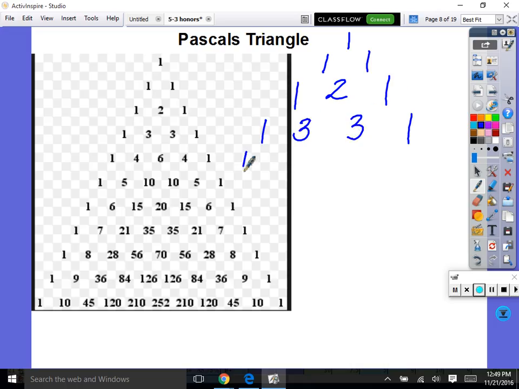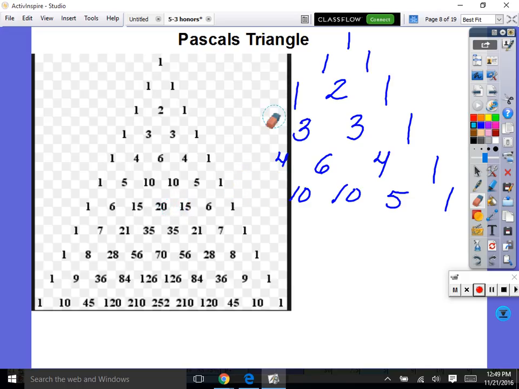Now we put 1s on the diagonal. 1 plus 3 is 4. 3 plus 3 is 6, 3 plus 1 is 4, and we continue this pattern. 5, 10, 10, 5, 1. Does everybody see how I can keep going forever? I can keep going, okay? So I have it written out so that we can go through this quickly. So I'm going to erase this real quick. Does everybody see how I can keep adding and going?